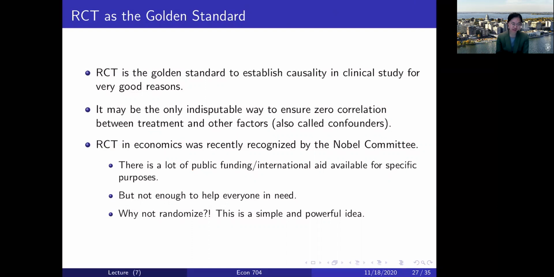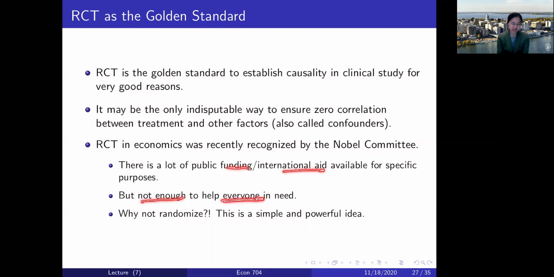The idea is that there are a lot of public funding and international aid programs available for specific purposes. For example, for eliminating mosquitoes or to provide clean water and so on. So those fundings are available to help people. There are lots of those. However, there is not enough funding to help everyone possible.